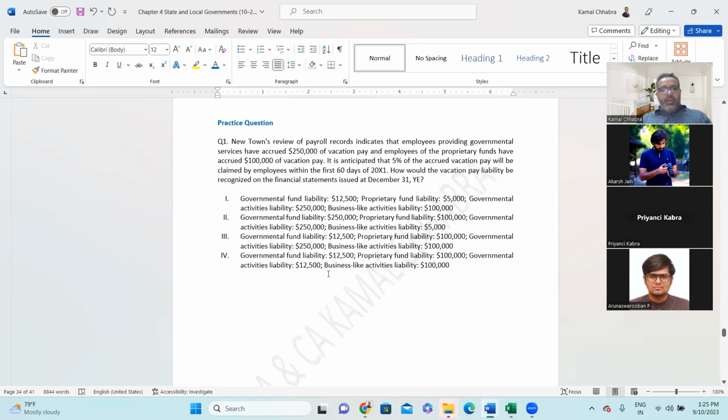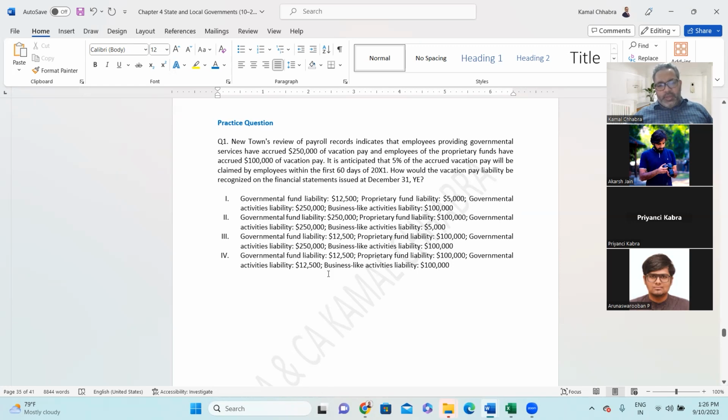One quick question here: Newtown's review of payroll records indicates that employees providing governmental services have accrued $250,000 of vacation pay, and employees of the proprietary fund have accrued $100,000 of vacation pay.